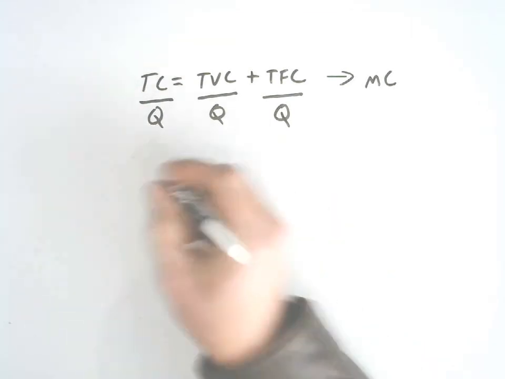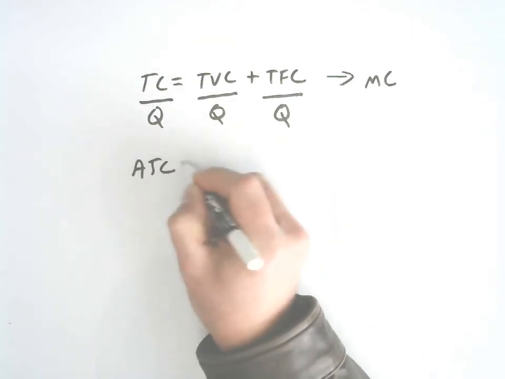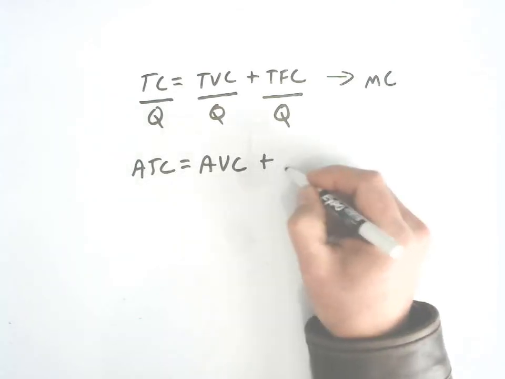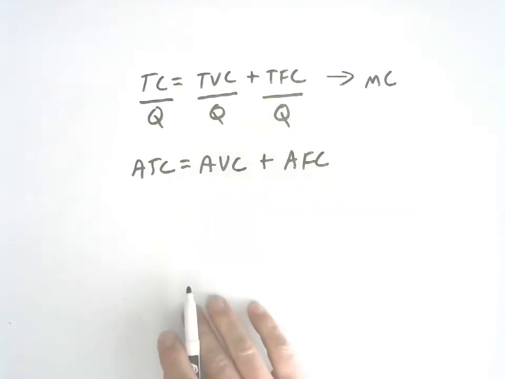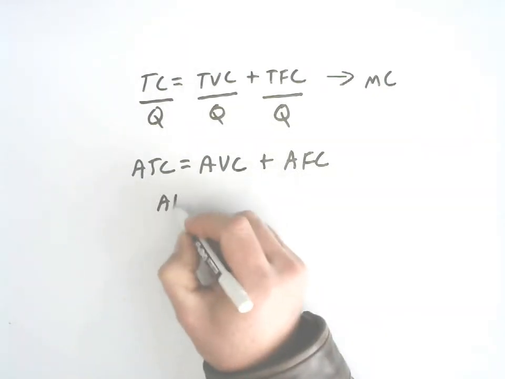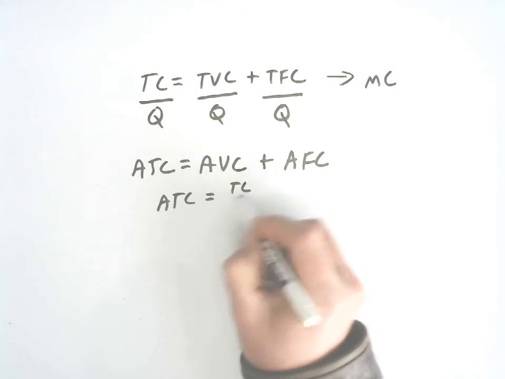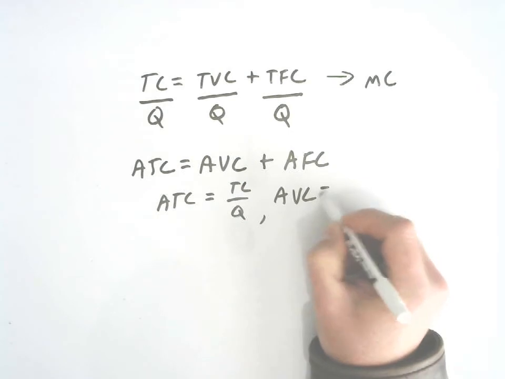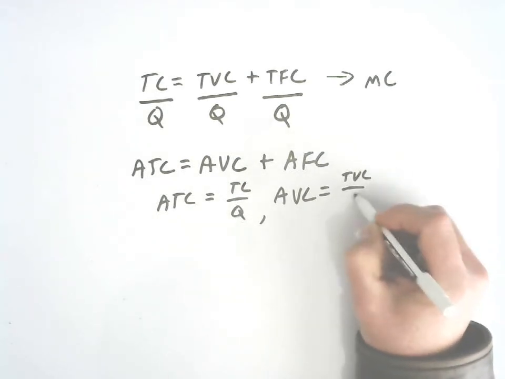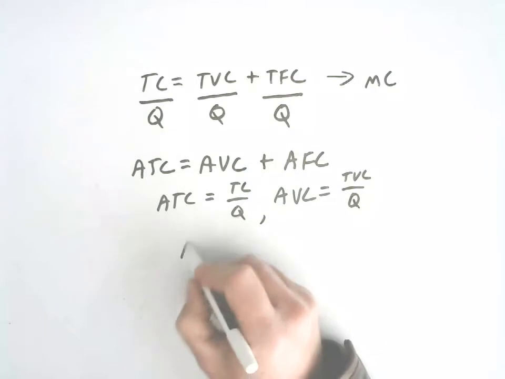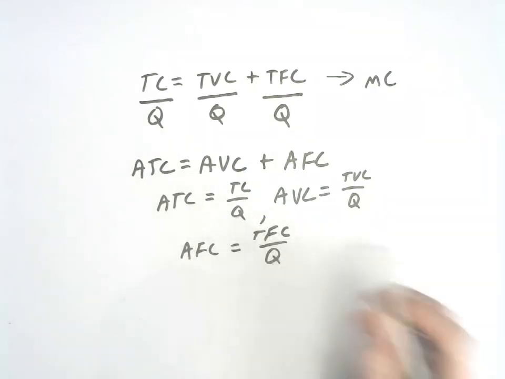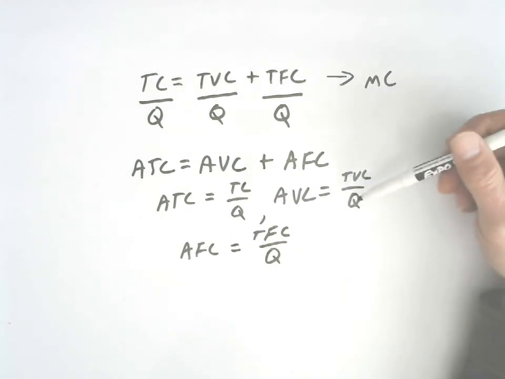What this gives us is average total cost equals average variable cost plus average fixed cost. Average total cost is total cost divided by Q. Average variable cost is total variable cost divided by Q, and average fixed cost equals total fixed cost divided by Q. In other words, these are simply average per unit costs.